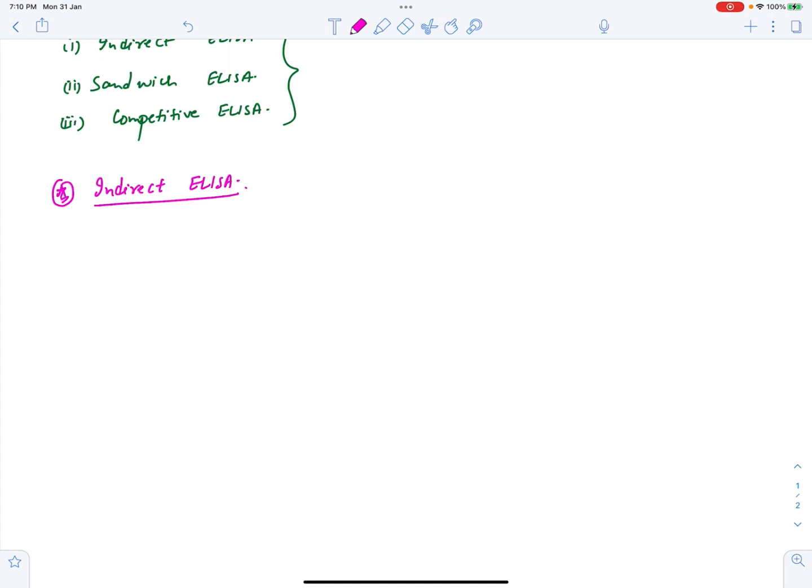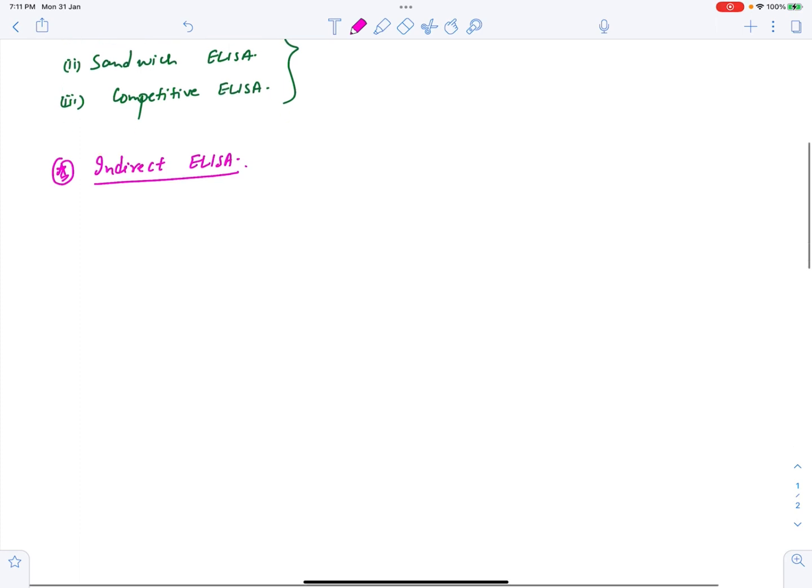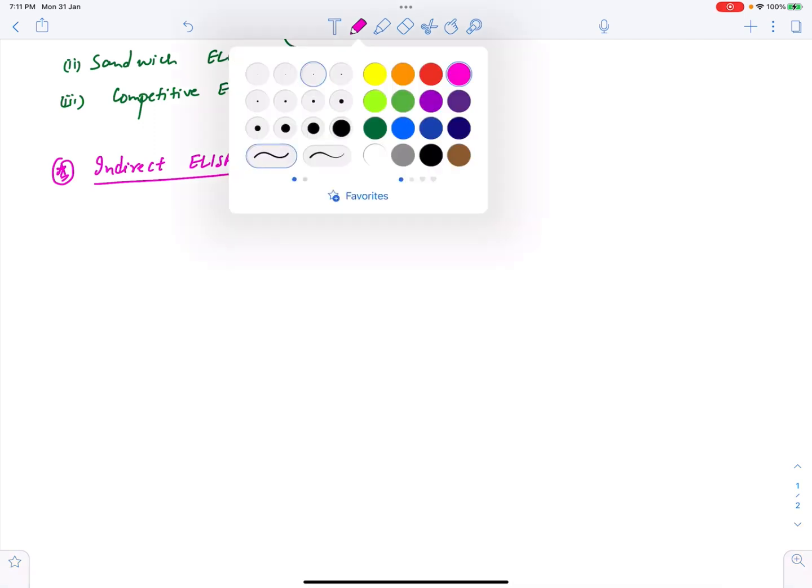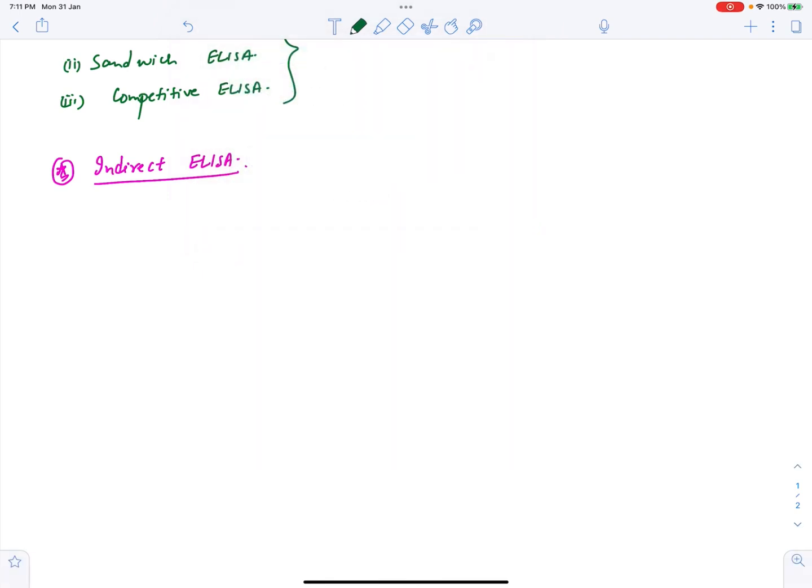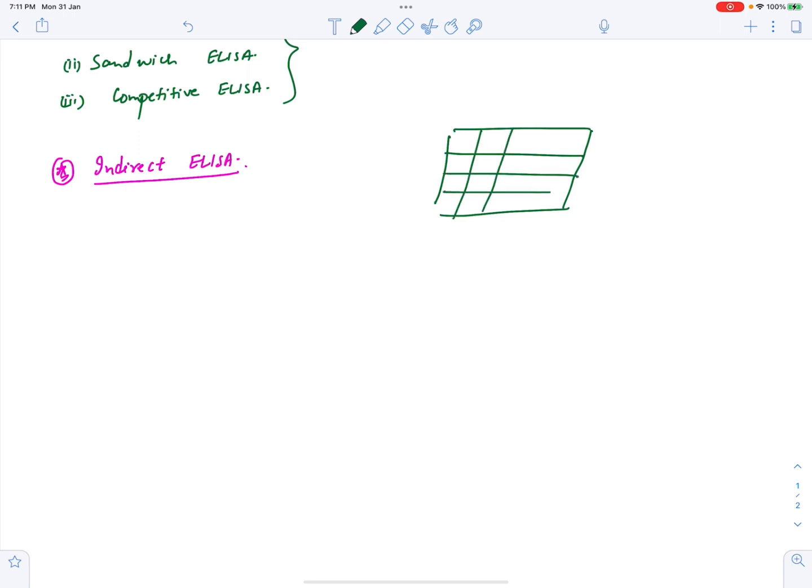To proceed with indirect ELISA, the ELISA plate which you use is a 96 well plate containing 96 wells. It looks something like this.